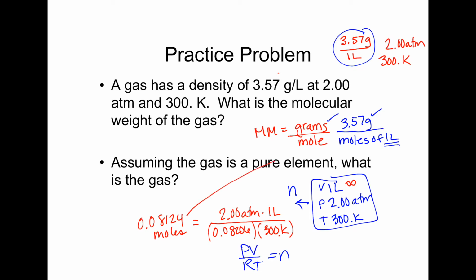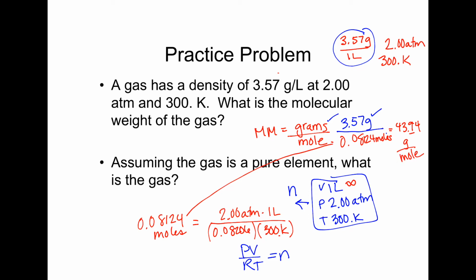And now I can put that right into here. So I'm actually going to do that. I'm going to put in my moles here. And when I put that into my calculator, I get 43.94, should be to 3 sig figs, grams per mole.